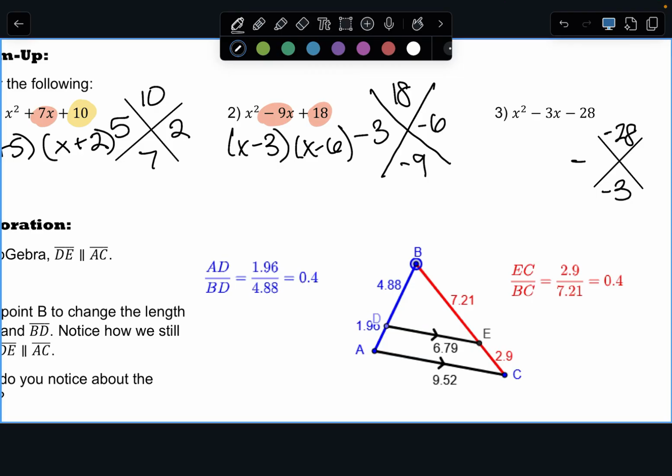Which one is negative if I have to get to negative 3? 7. My bigger number has to be negative because I have to add to a negative number. So we get negative 7, positive 4. And we can factor that as x plus 4, x minus 7. Questions on that one?